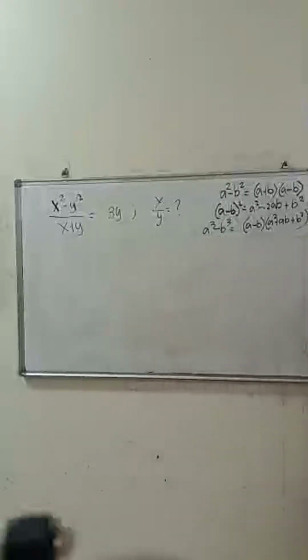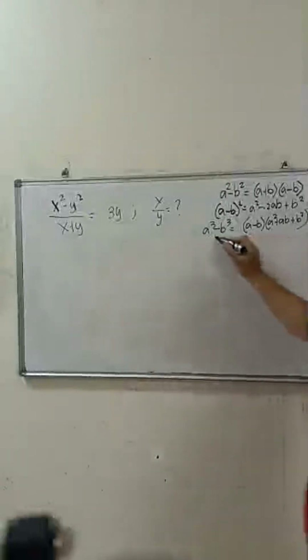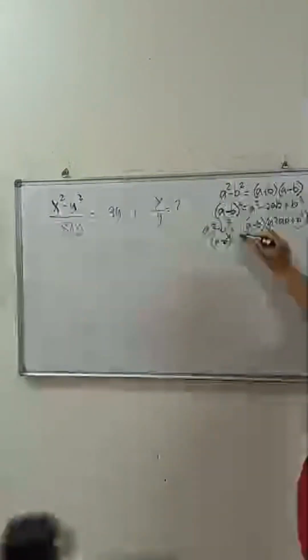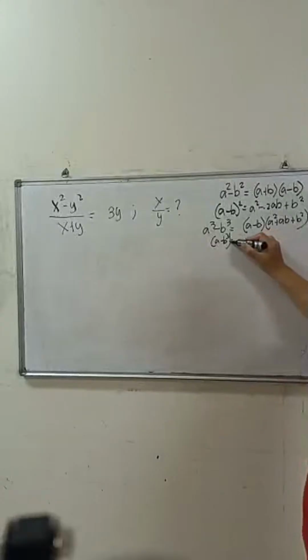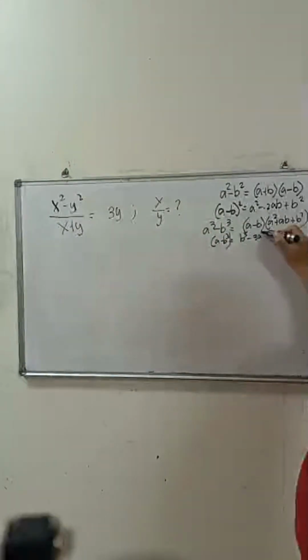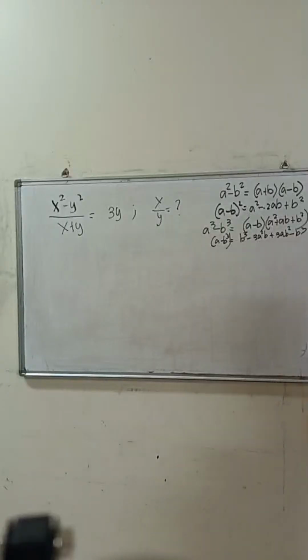And then the expansion, a minus b raised to the power 3, is equal to a cubed minus 3a squared b plus 3ab squared minus b cubed. Memorize this completely, guys. That covers the difference of squares and cubes.